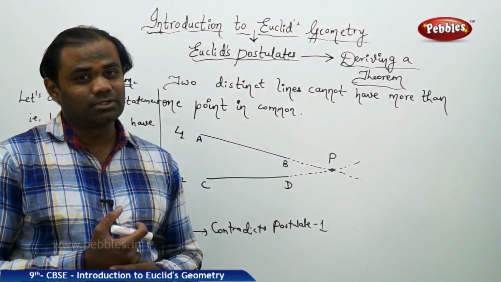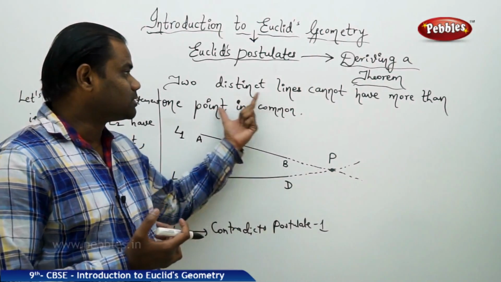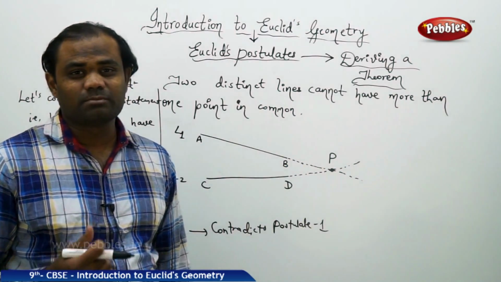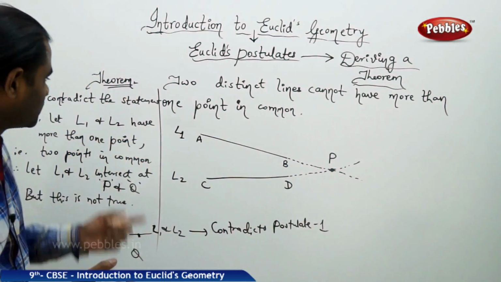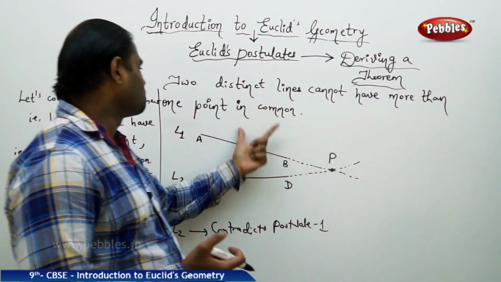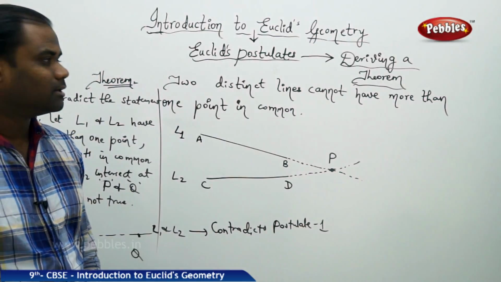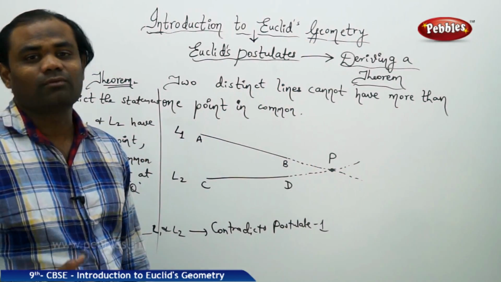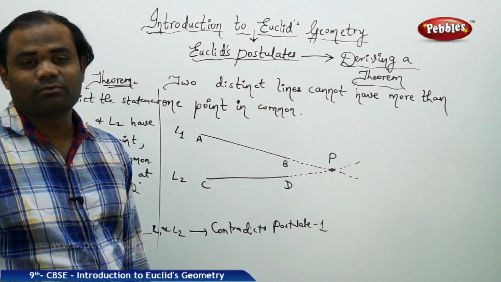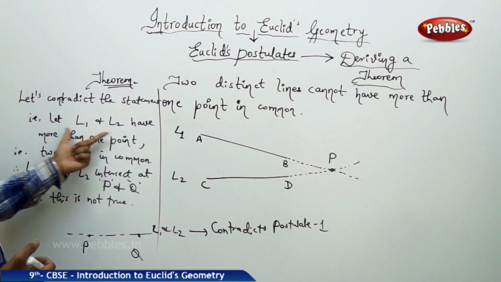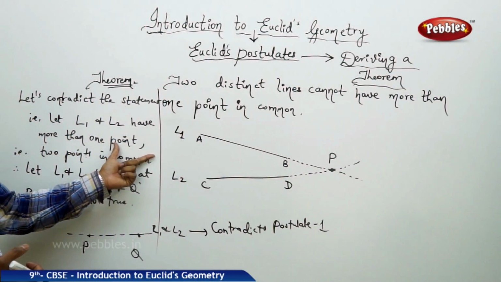So our assumption is wrong, which implies the original statement is correct. This kind of proof is called proof by contradiction, where I take the contradiction of the given statement, the distinct lines cannot have more than one point in common. Let's take the statement two distinct lines have more than one point in common and then prove by contradiction. So contradicting the statement, L1 and L2 have more than one point in common.